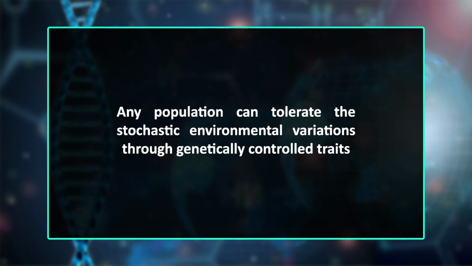Since differences among individuals are determined at least partly by genotype, population genetic theory predicts that in variable environments, a broader range of genetic variation or higher heterozygosity will persist. Any population can tolerate the stochastic environmental variations through genetically controlled traits or characters.